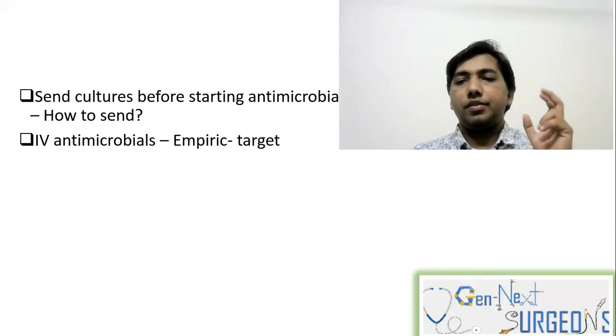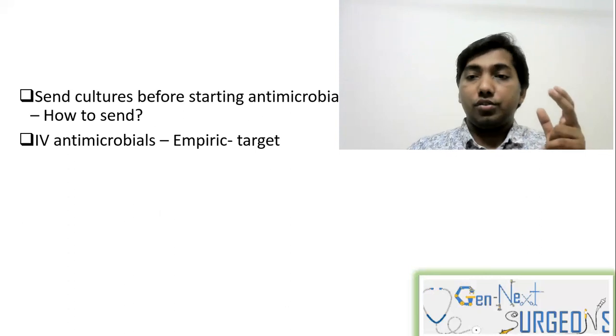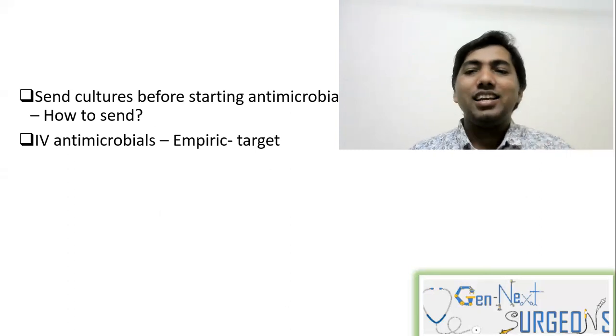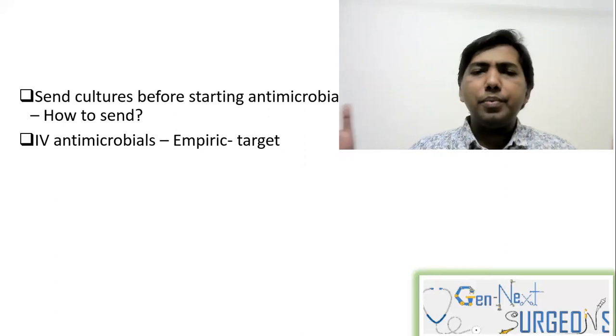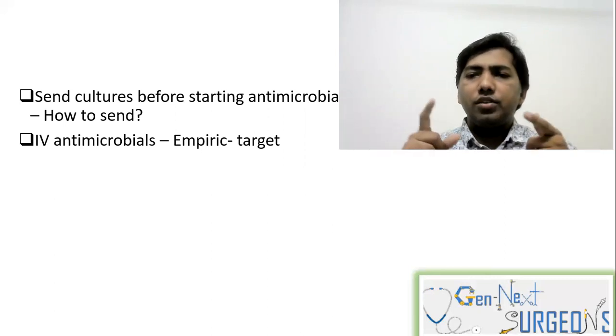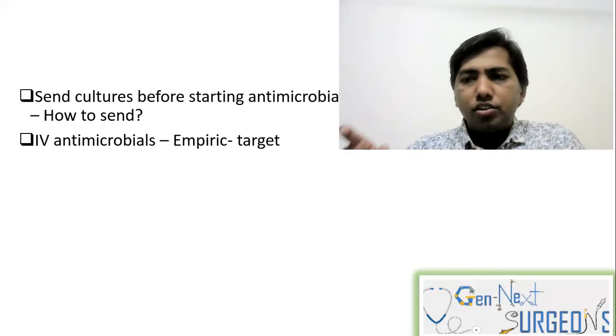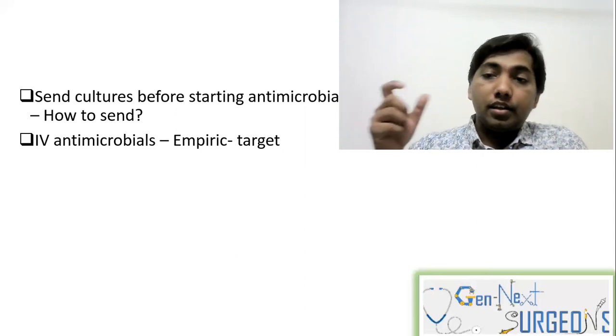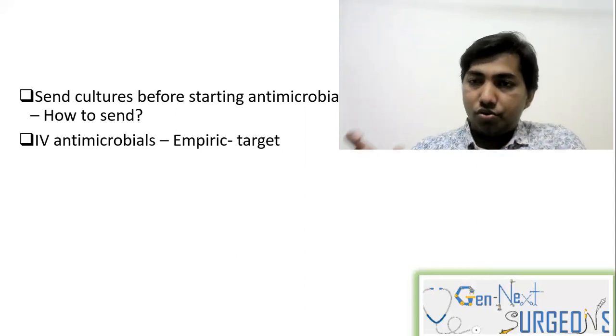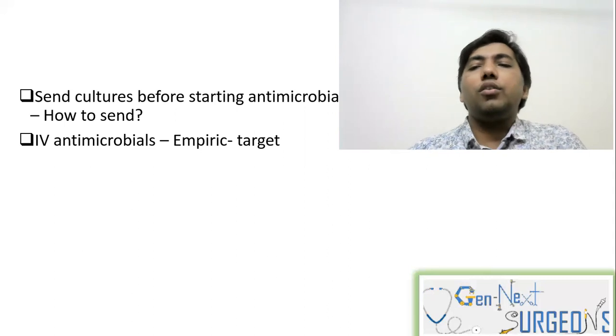That is empiric therapy. The word empiric comes from empire. So in empiric therapy, we try to assume what microorganisms can cause the disease, and we use all our resources to kill all organisms.